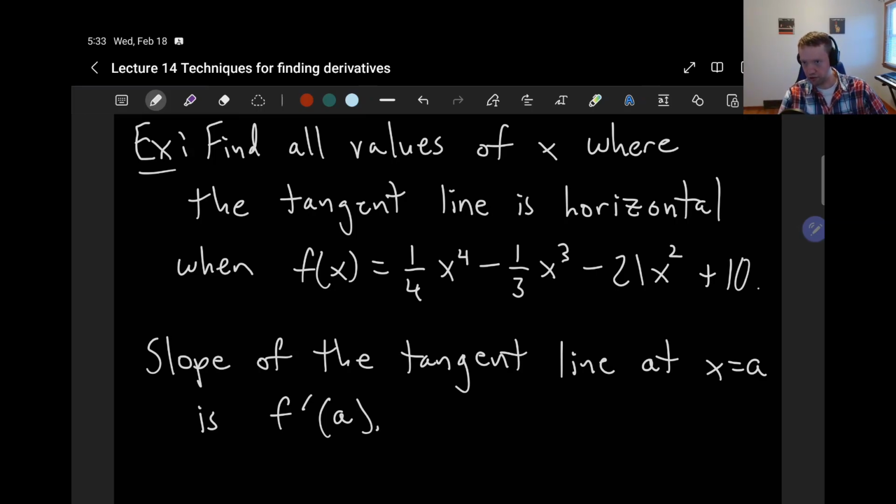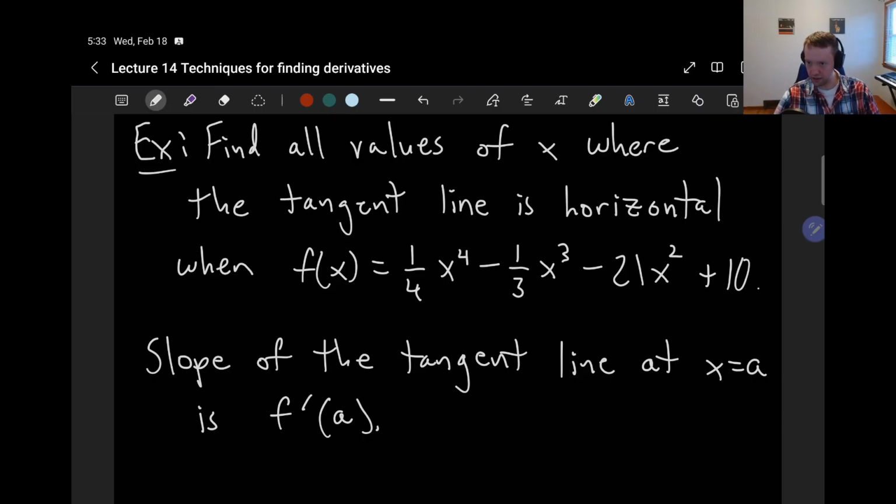So if we're talking about finding a horizontal tangent line, what does horizontal tell you about the slope of that tangent line? It's 0. Slope 0 means your line is horizontal.